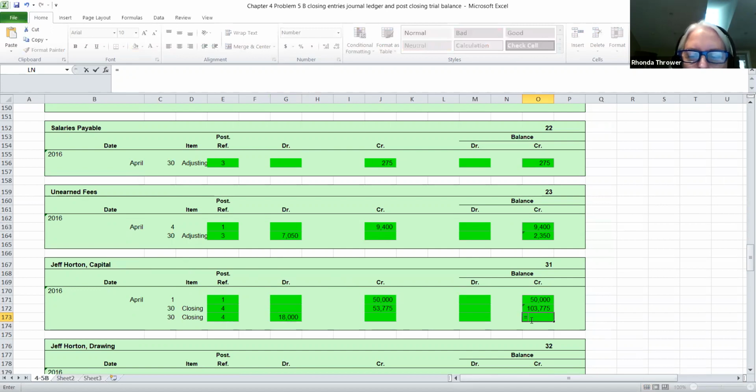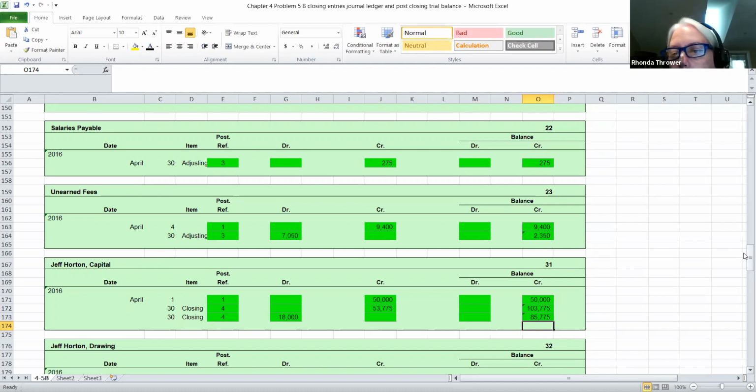What I'm going to do is I'm going to take my previous balance of 103,775 and I'm going to subtract out my debit for the drawing, and that's going to leave me with an ending balance in my capital account, which should equal the ending balance in our statement of owner's equity and the ending balance on our balance sheet.